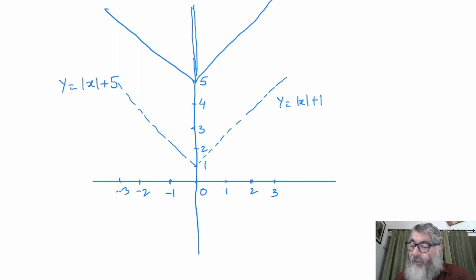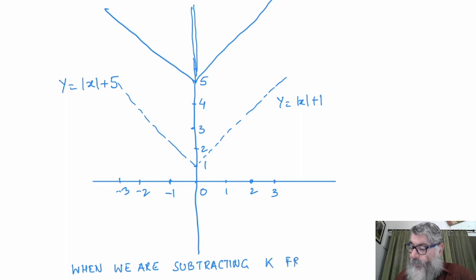So when we are subtracting k from f(x), or y, then we shift the curve upwards by k units along the y-axis.